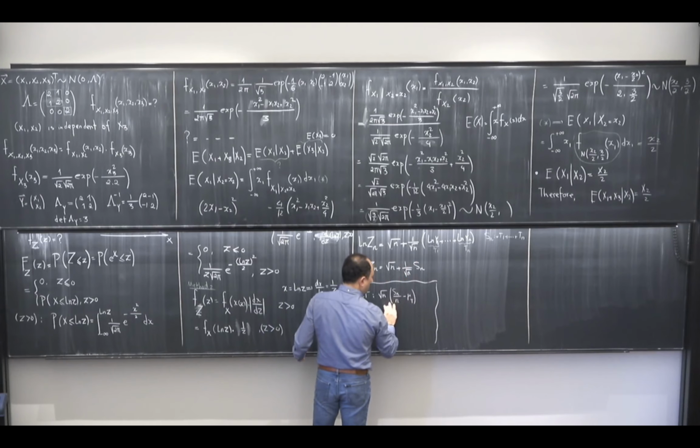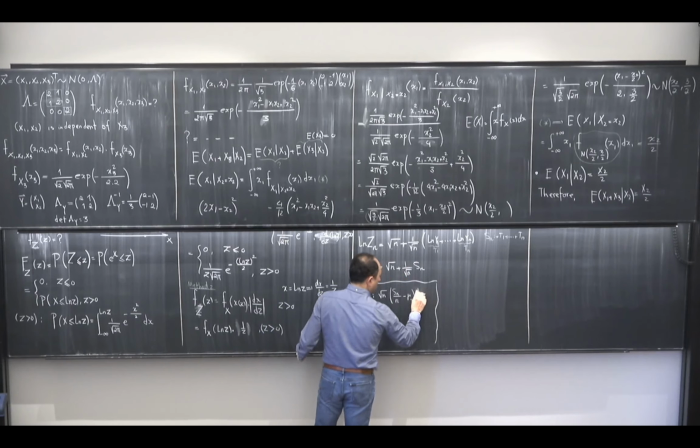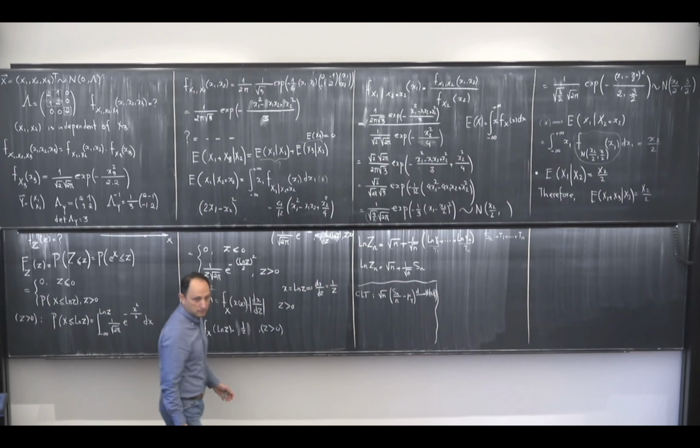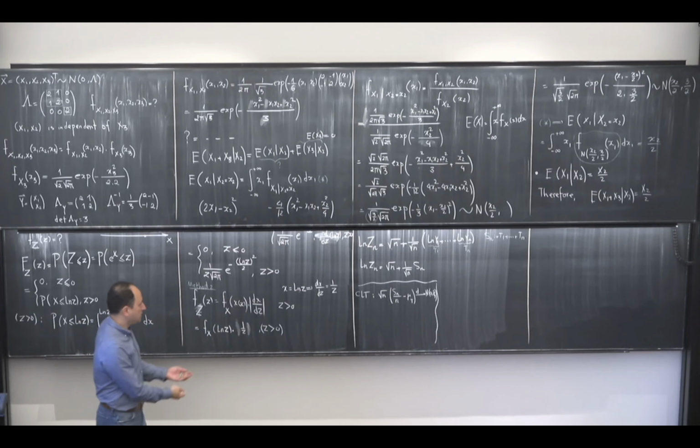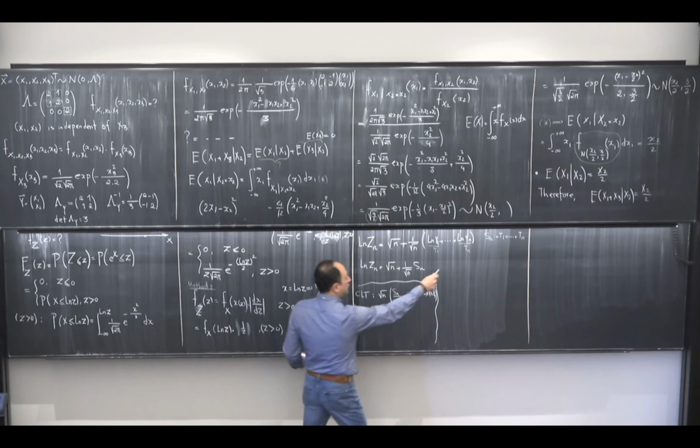I know that this will go to N of 0 and sigma T squared. Do you agree? This is the CLT theorem for this one.